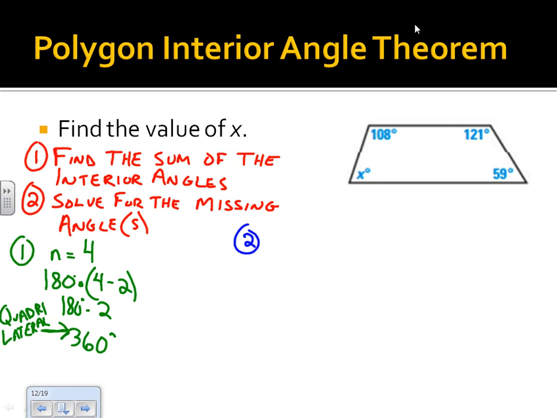So remember, I'm going to draw a little sketch up here. Remember if I had a triangle, and if I gave you this angle and this angle, could you figure out the third one? It's the same thing here, except now I just have one extra angle. So I need to add them all up. So I get 108 degrees plus 121 degrees plus 59 degrees plus what? x.